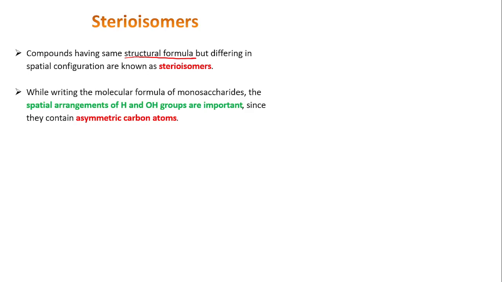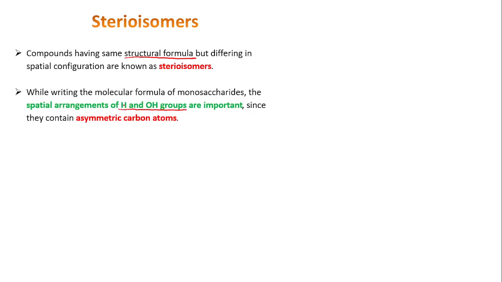This configuration is specifically due to the orientation of the hydrogen and the hydroxyl. You need to understand that the reason we have these isomers is the configuration of the H and the OH group.